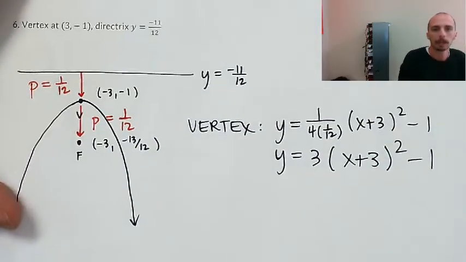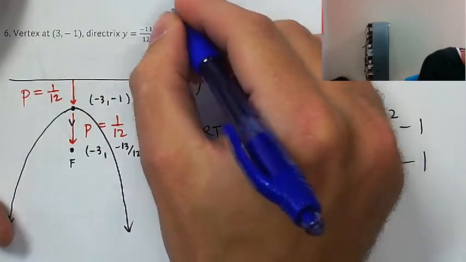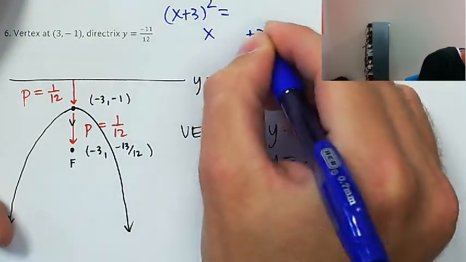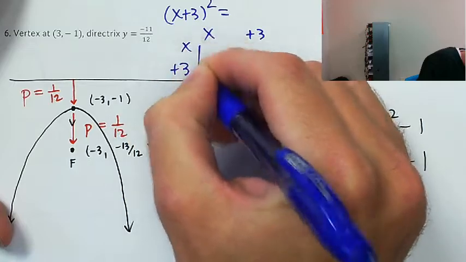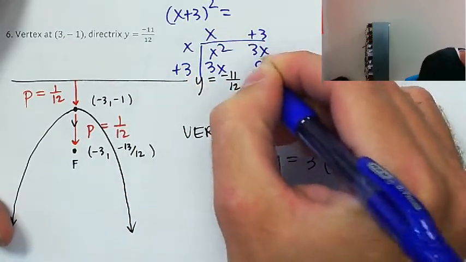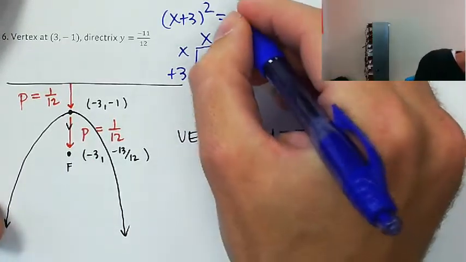Okay, and then if I want to write this in standard form, I'm going to need to square x plus 3. So it's going to be x squared, 6x, and 9.